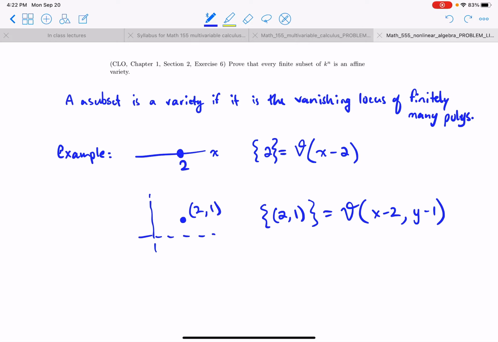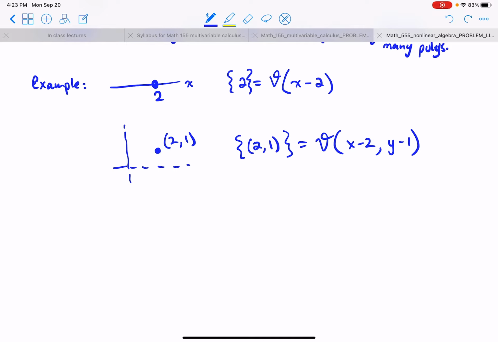Okay, but what if I want to take something more complicated, like let's say I'm on the line and I take the point 2 and the point -1. So the set 2 and -1, a subset of k to the 1, is the vanishing set of what?